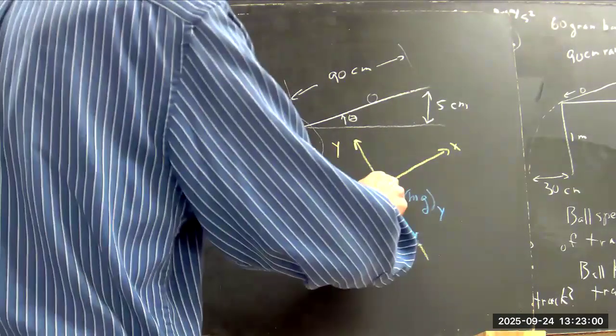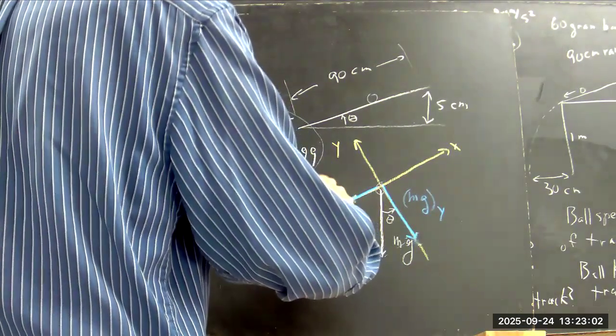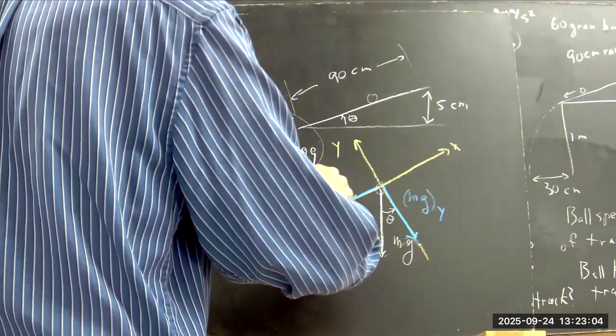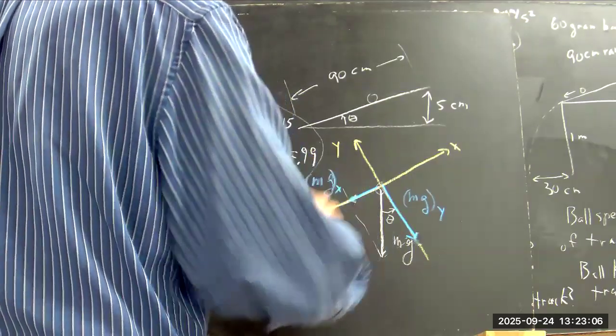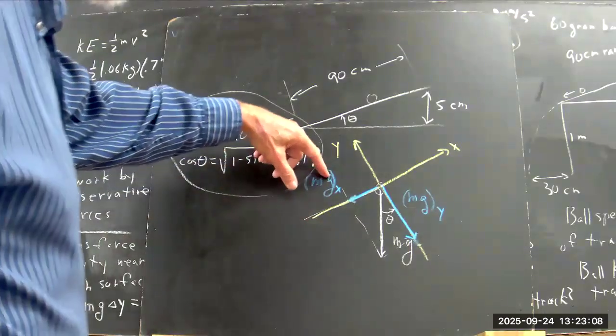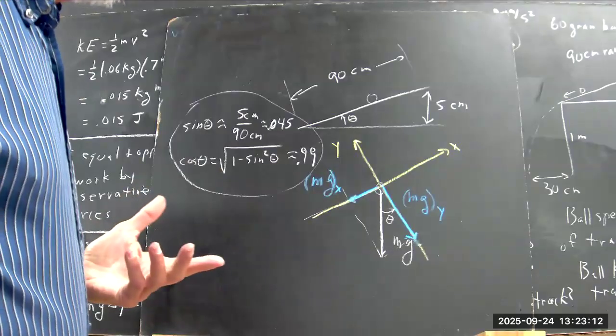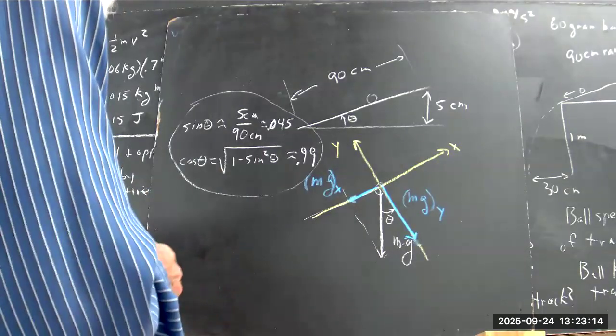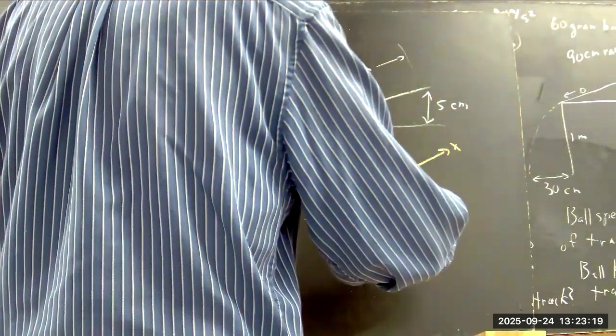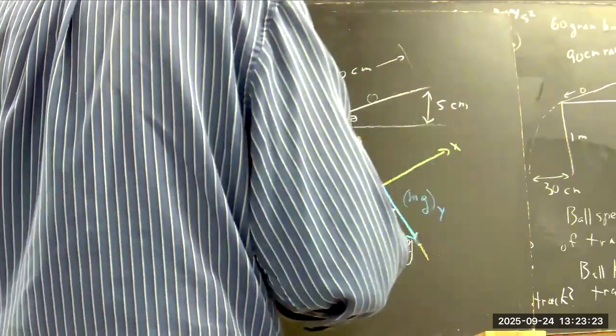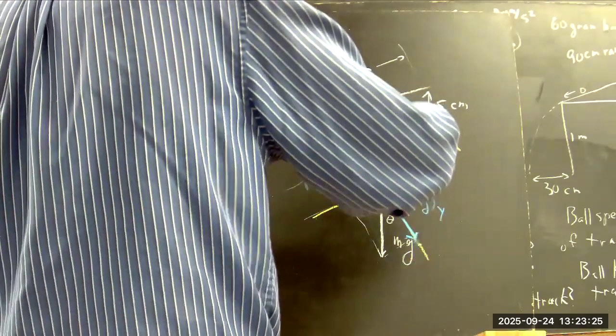There's mg y component. And my parenthesis kind of hit my G, but mg x component. There's your picture. And then you're going to have, spin my y-axis a little bit.